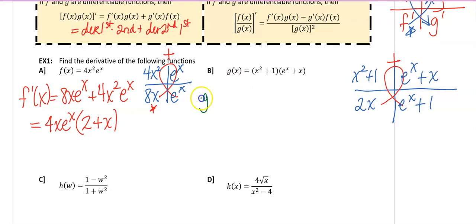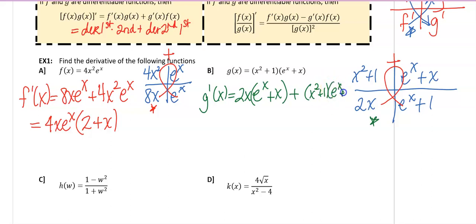All right, so for the derivative, I'm going to start from the bottom left. Don't forget the parentheses. 2x times (e to the x plus x) plus (x squared plus 1) times (e to the x plus 1). I'm going to stop there because I don't think there's much going to happen with that.